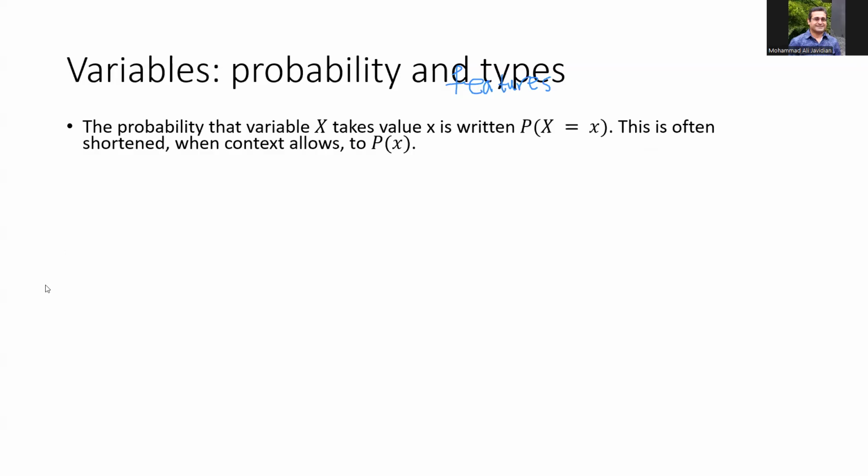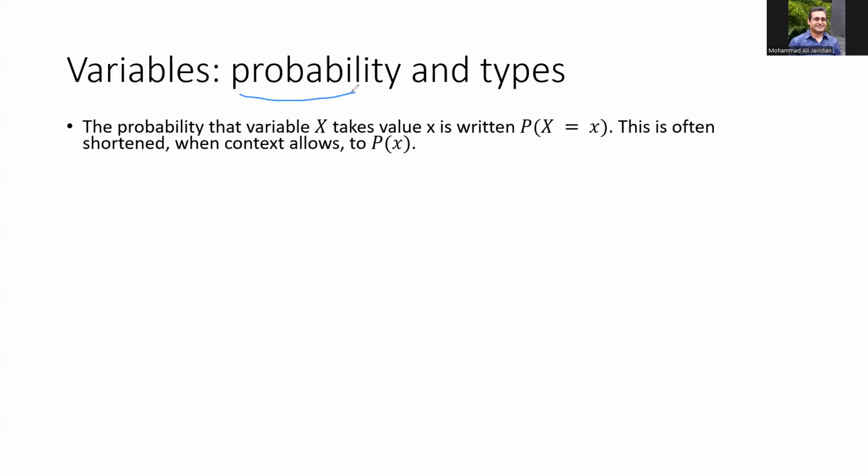Another important concept is the probability of a variable, or probability distribution of a variable, and the type of variables that we deal with. Later on, I will define the concept of the probability.